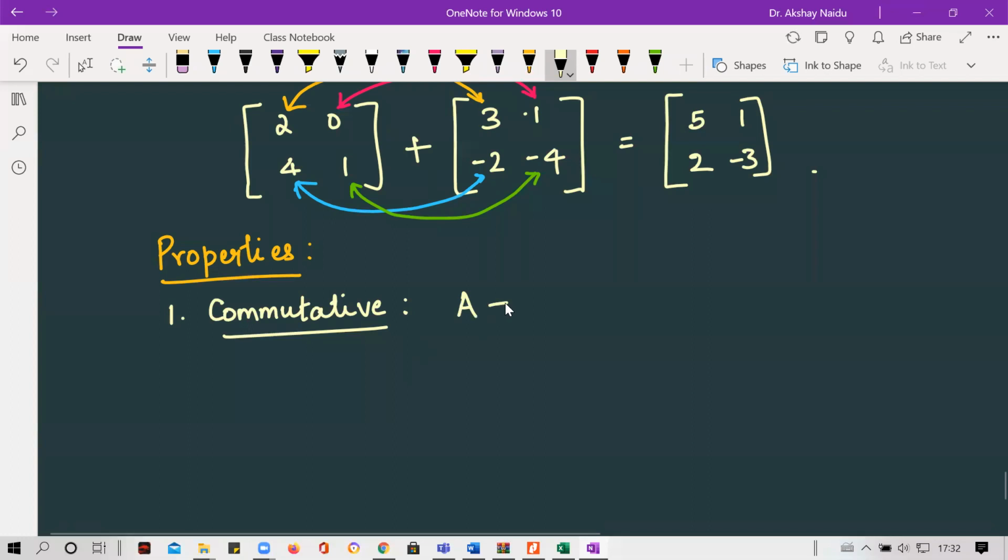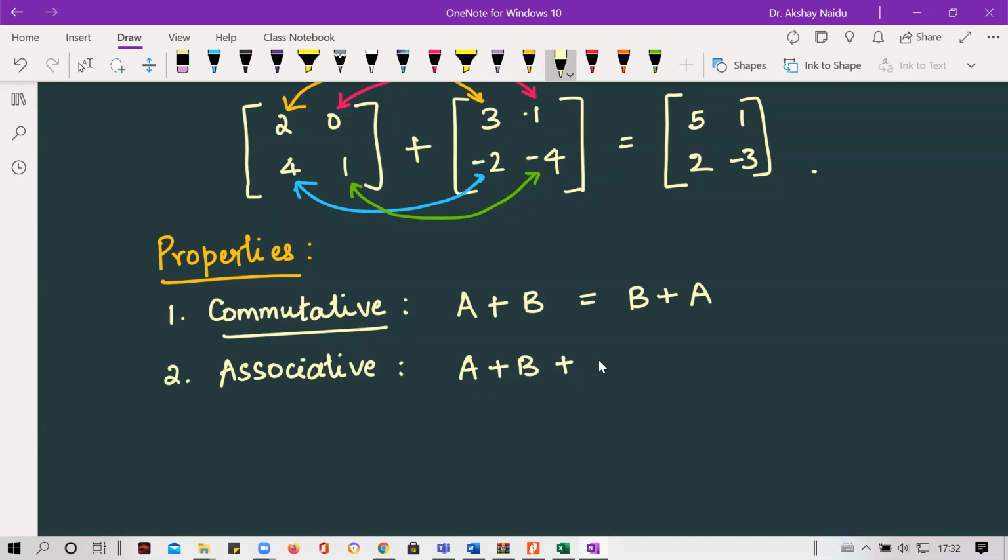A plus B is equal to B plus A. It is associative. Means if you have three matrices A, B, C, you can first add A and B and then add C, or you can first add B and C and then add A. They will be the same.